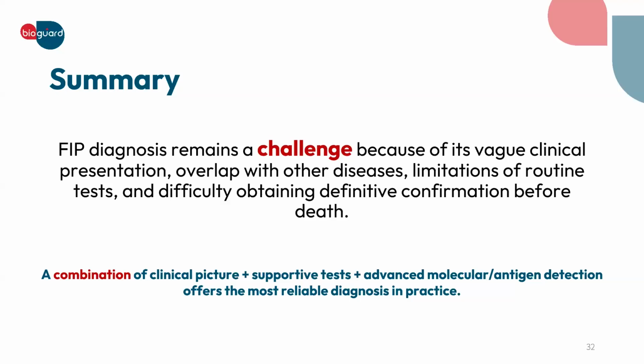So the approach to FIP diagnostics will always be a combination of clinical history as well as supportive tests and advanced tests based on molecular or antigen detection, which together offer the most reliable diagnostics in practice for FIP cases.